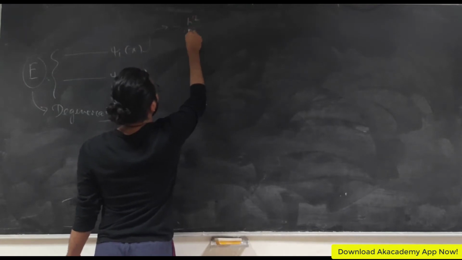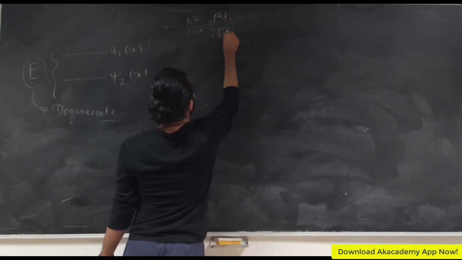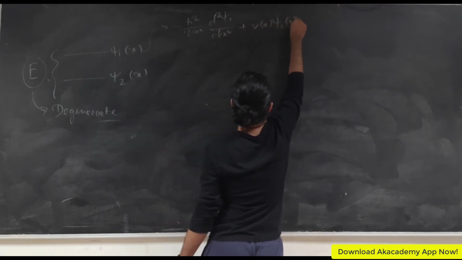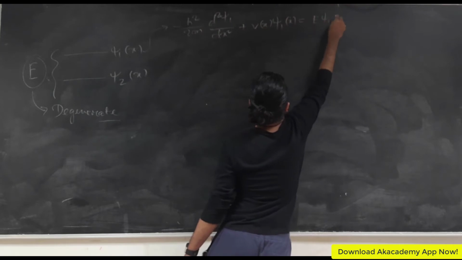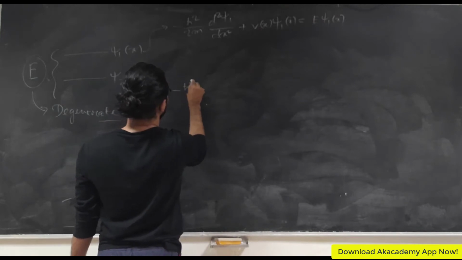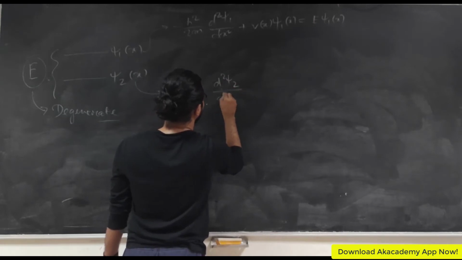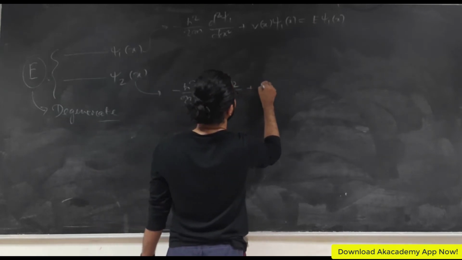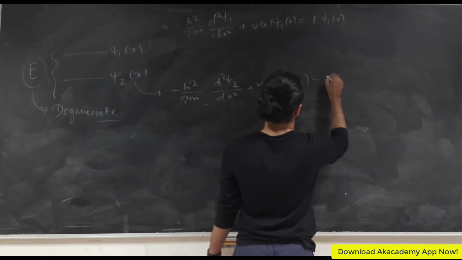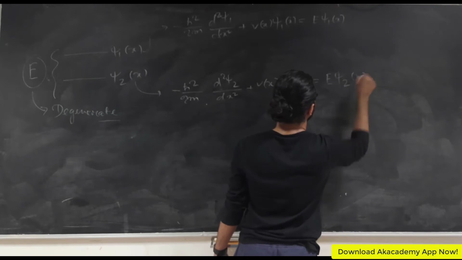So minus h bar squared over 2m d2 psi1 dx2 plus V of x psi1 of x equals E psi1 of x, and for the second state the Schrodinger equation is minus h bar squared over 2m d2 psi2 dx2 plus V of x psi2 of x equal to E psi2 of x.